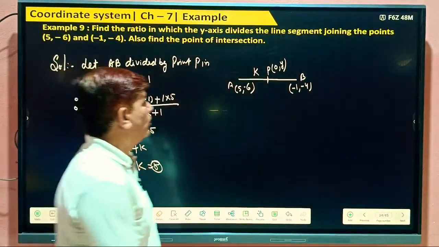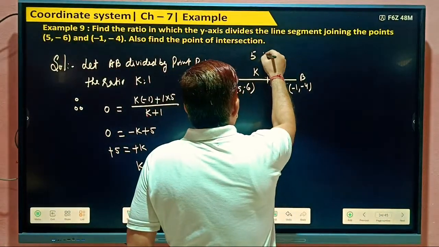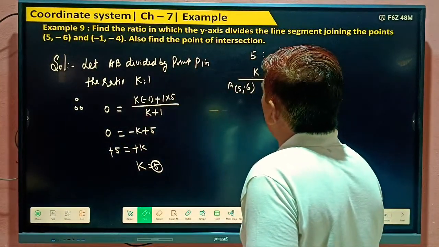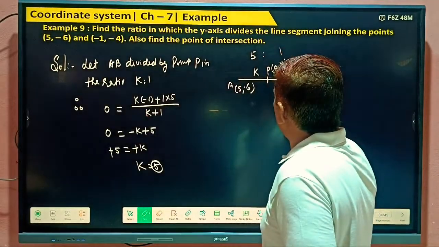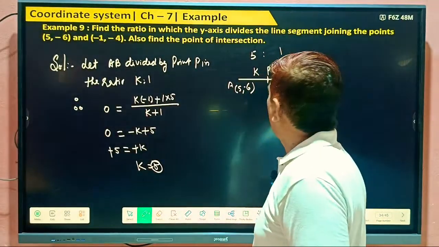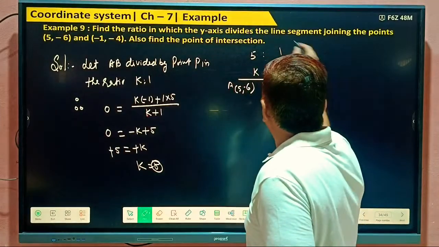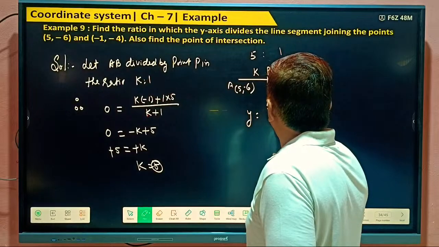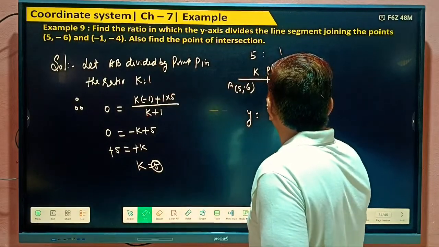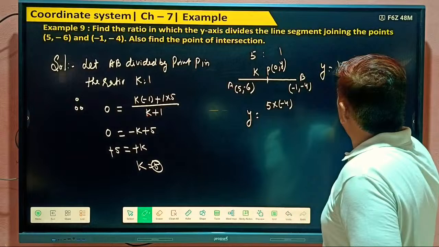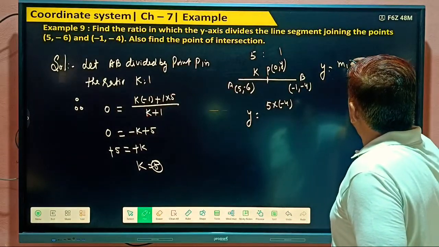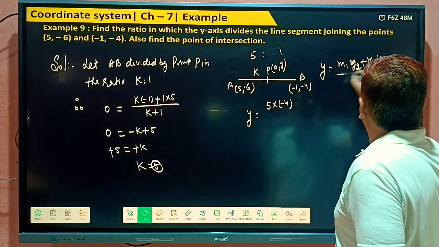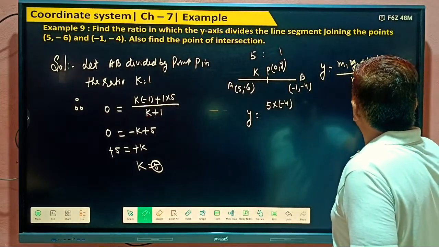So in which ratio? 5 to 1. Also find the point of intersection. Point of intersection means you have to find the value of y. So we can take y equals 5 into minus 4. The formula you know: y equals m1 y2 plus m2 y1 by m1 plus m2.